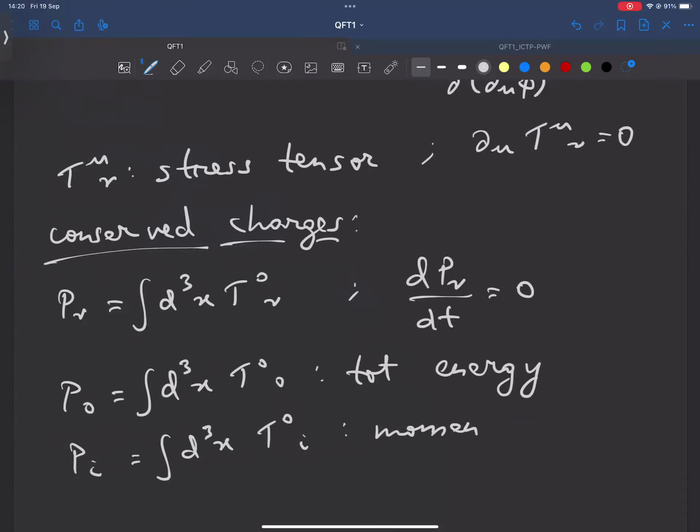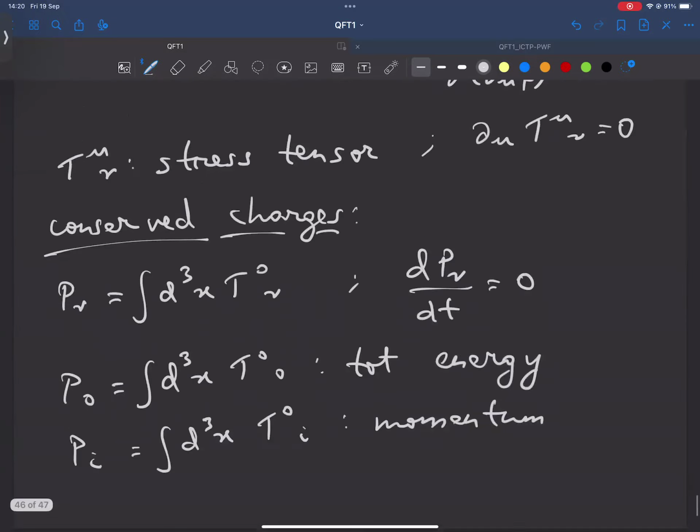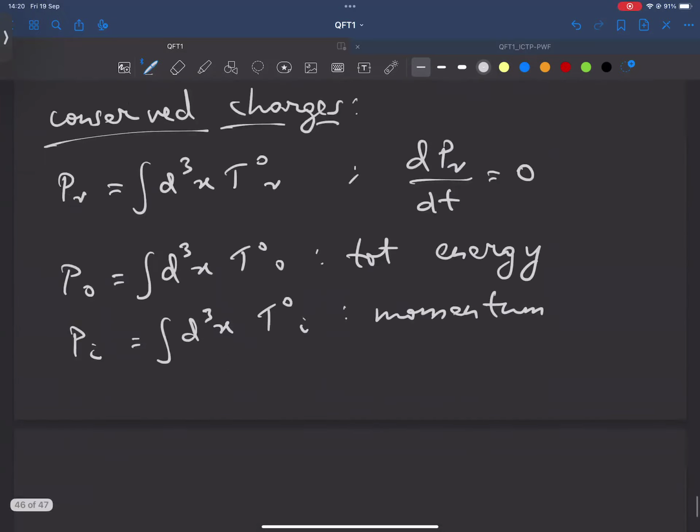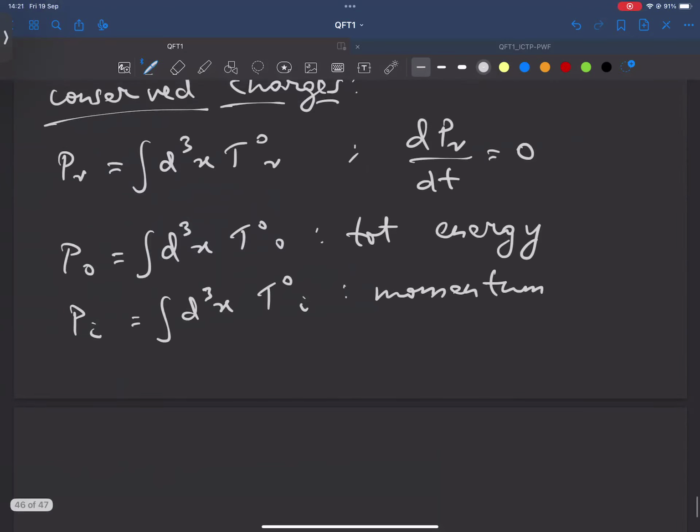So these are the components of the momentum. Now, this means that when we demand that our system or the action is invariant under space-time translations, the conserved charges that we get are energy and momentum. And the energy corresponds to invariance under time translation, and momentum corresponds to invariance under spatial translations.